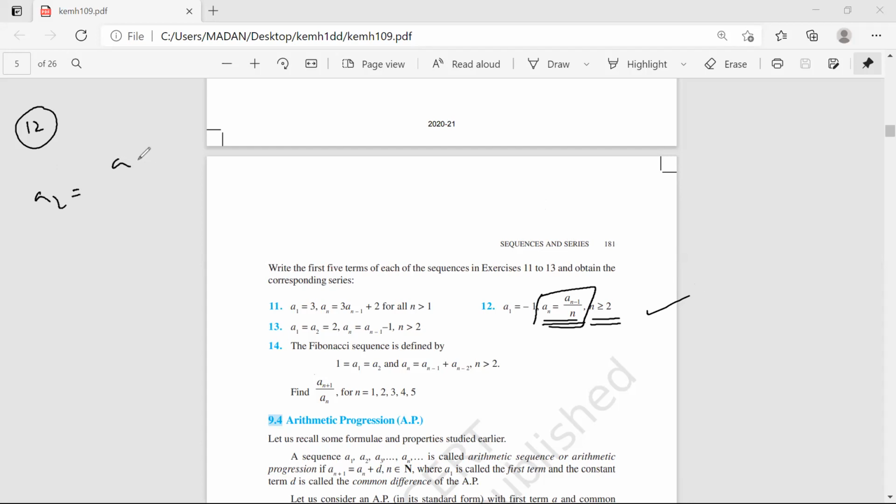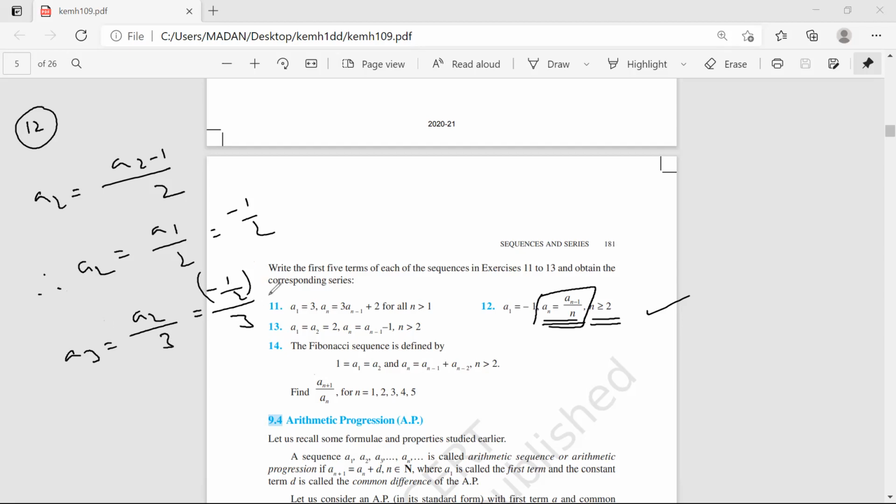A2 is equal to A2 minus 1 by 2, that is A1 by 2. What is A1 given? Minus 1 by 2. A3 is equal to A2 by 3. What is A2?